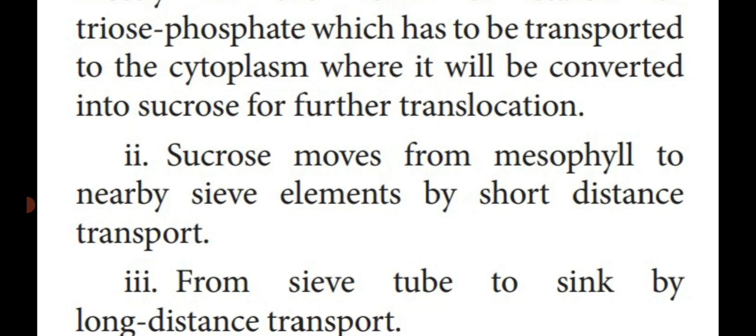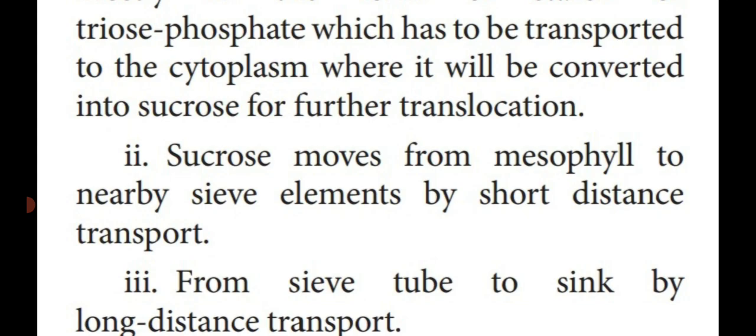Second step: now it will be changed into sucrose. That means the starch components in the chloroplast are modified into sucrose in the cytoplasm. Then it will be transported to the sieve tubes.